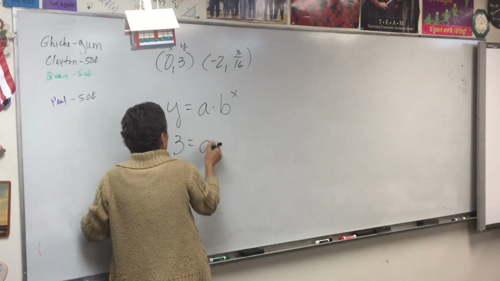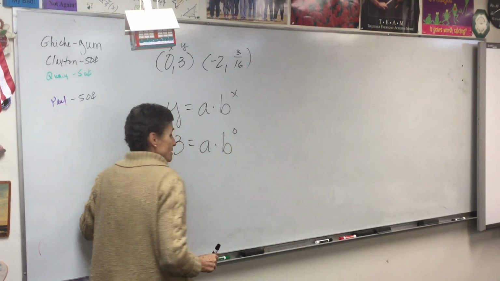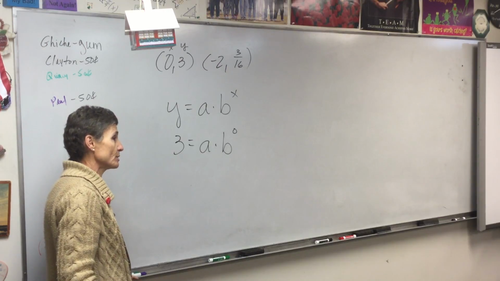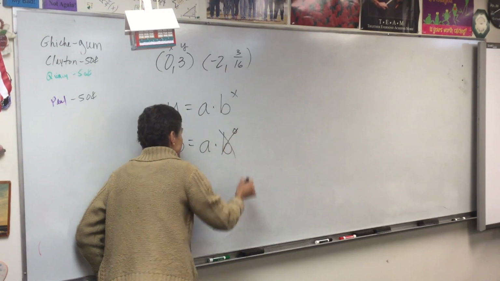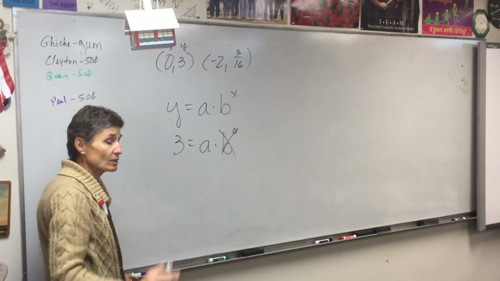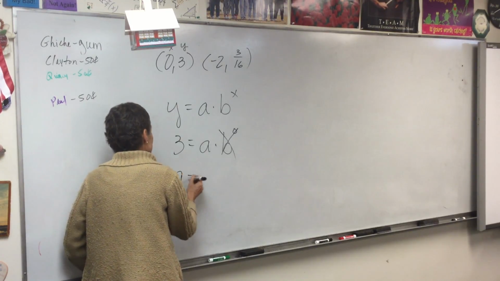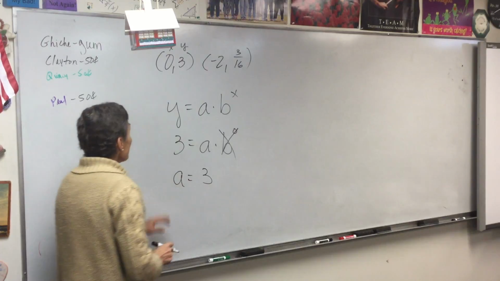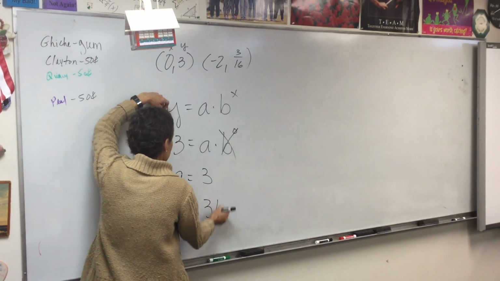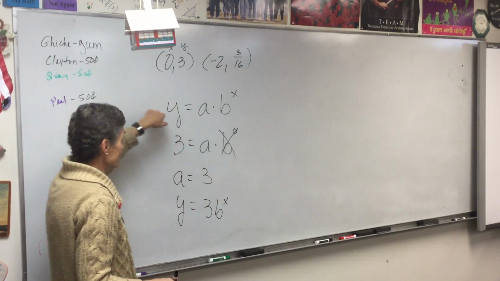So 3 equals A times B to the 0. And as Patty so eloquently told us earlier, anything to the 0 power is 1. So that's like ignored. So A is 3. So without much effort, I now know that Y equals 3B to the X because A is 3.